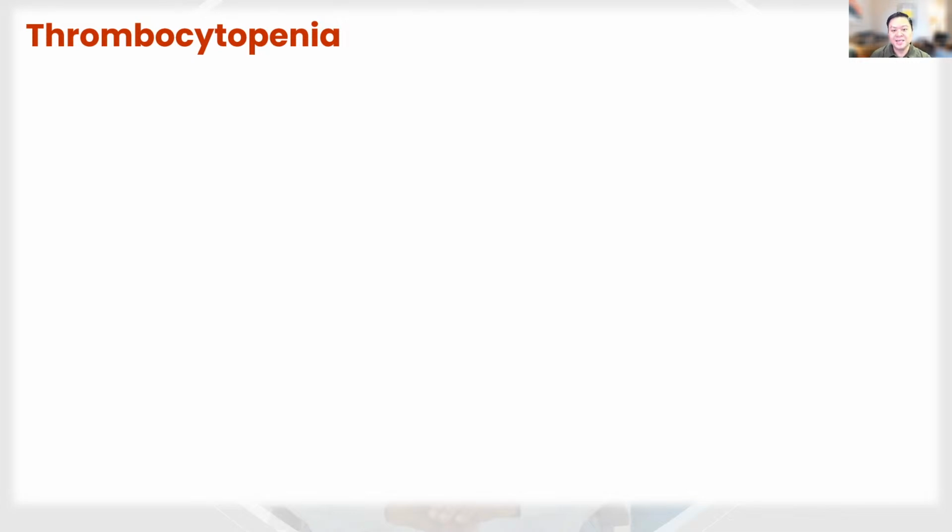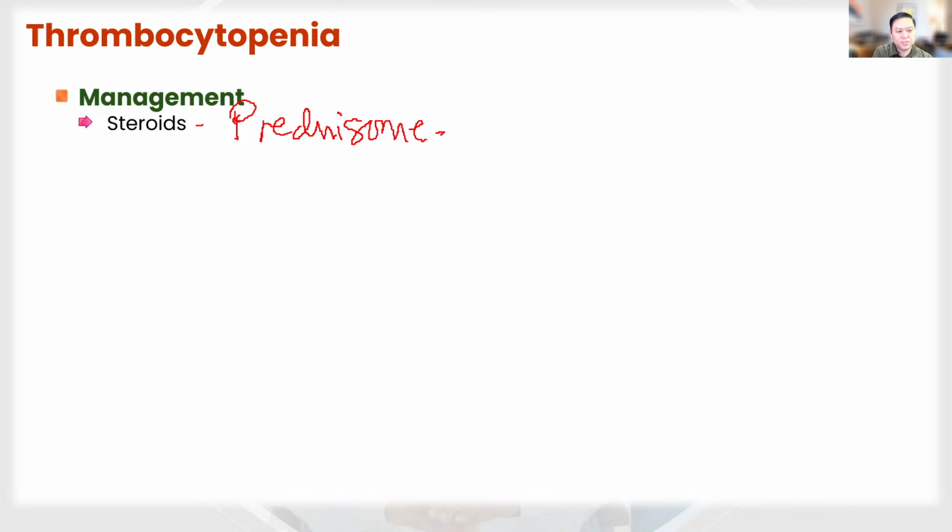Now, how is the thrombocytopenia managed? Now, let's start with the steroids. Basically, one of the modalities here is the administration of the steroids, specifically the prednisone. Okay, so this is a very common treatment that will manage the thrombocytopenia. So this is going to be useful in immune-mediated type of thrombocytopenia, steroid, okay?